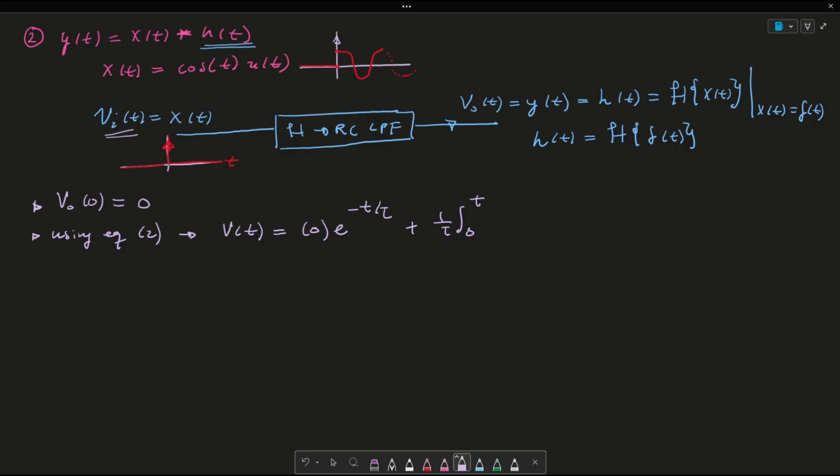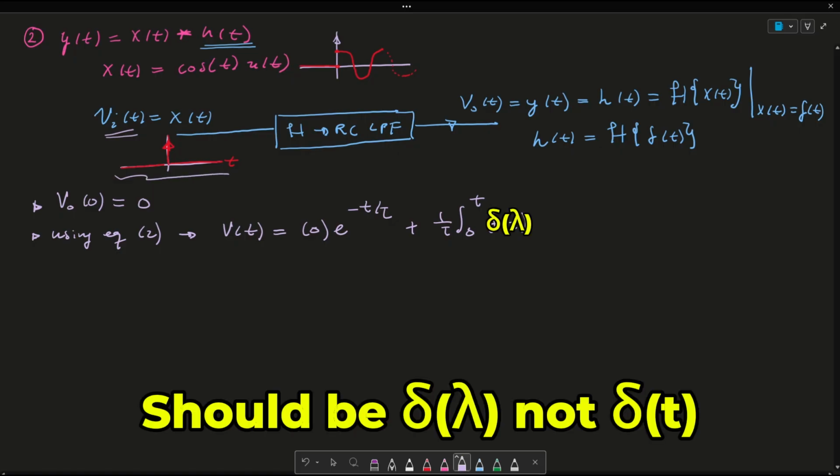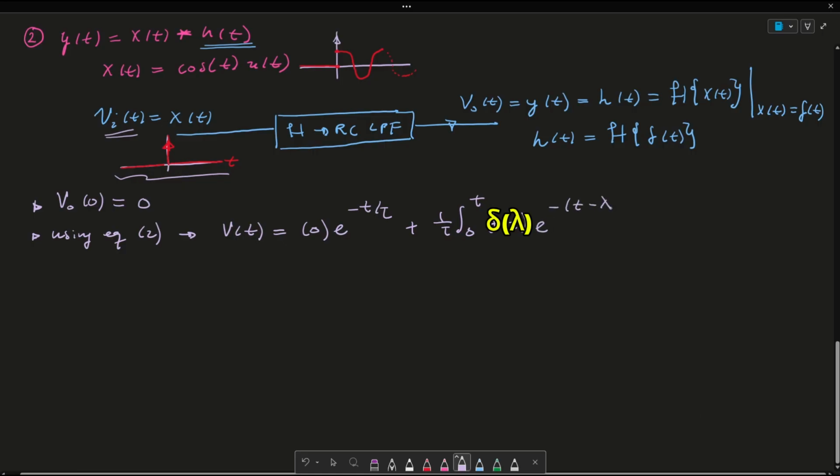Instead of vi of t, I'm going to replace it with this impulse function here, delta t. I hope this makes sense. e to the minus t minus lambda over tau d lambda. There should be a v out of t here. Since this is 0, this simply becomes 0.